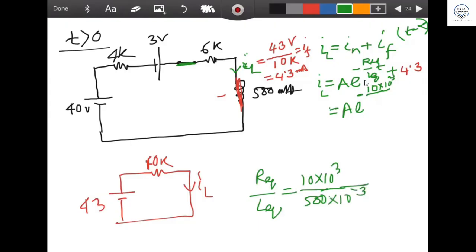So what is the total value coming there? 20,000. So this is minus 20,000 t.